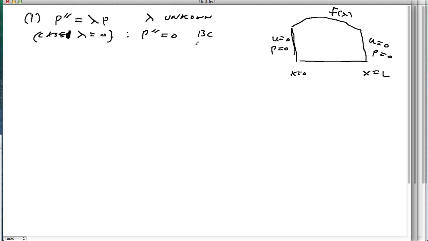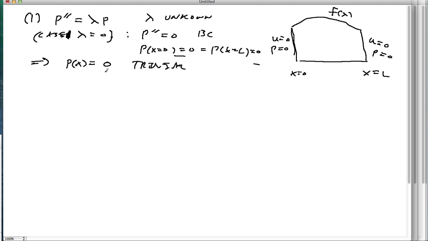Okay, so our boundary conditions are that p of x equals 0 is equal to 0, and p of x equals L is equal to 0. So with p double prime equal to 0 and these boundary conditions, the only solution is p of x equal to the 0 function, which is trivial. So we don't even need to consider it, right? So now case 2.